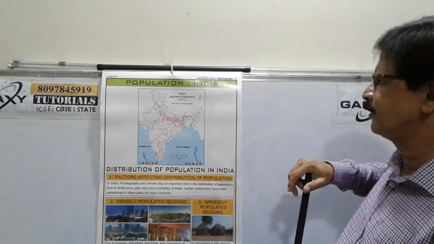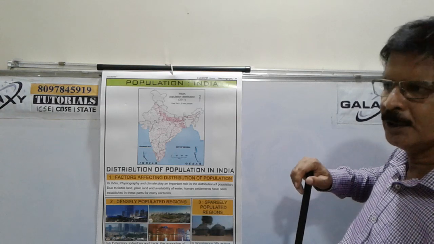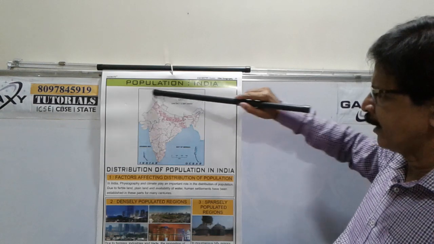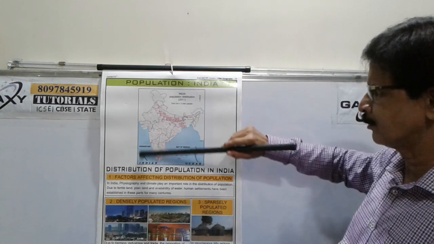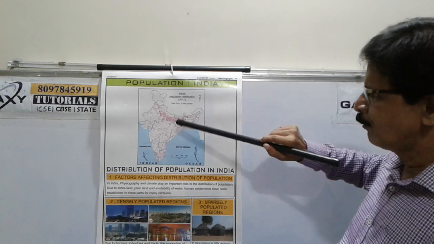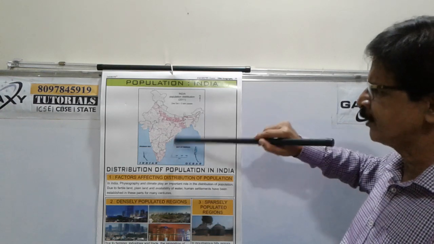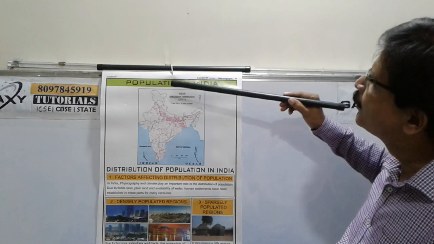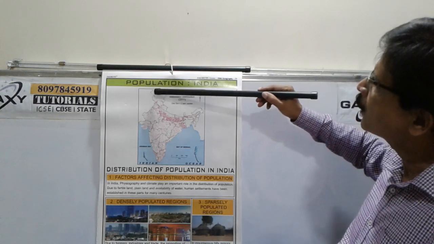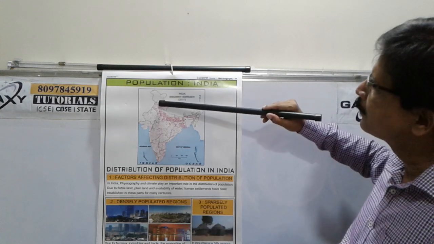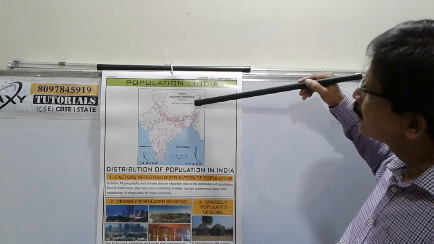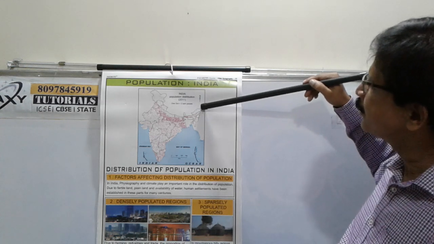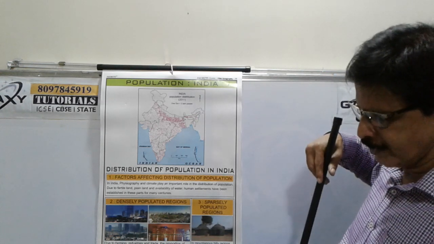That means in 1 square kilometer, less than 100 people are staying. You can easily say this area: Jammu, Kashmir, Ladakh, then Himachal Pradesh, then Arunachal Pradesh. Here the population is less than 100.